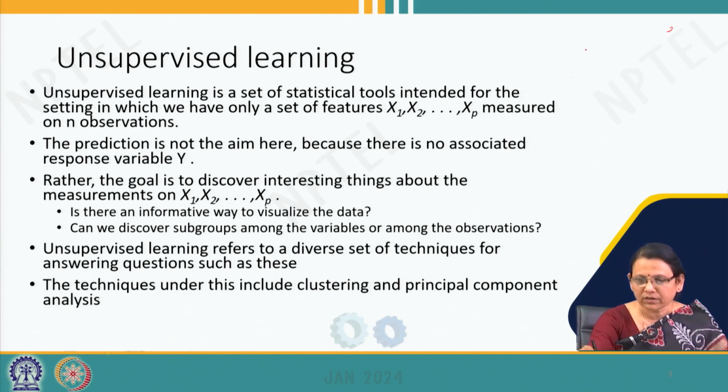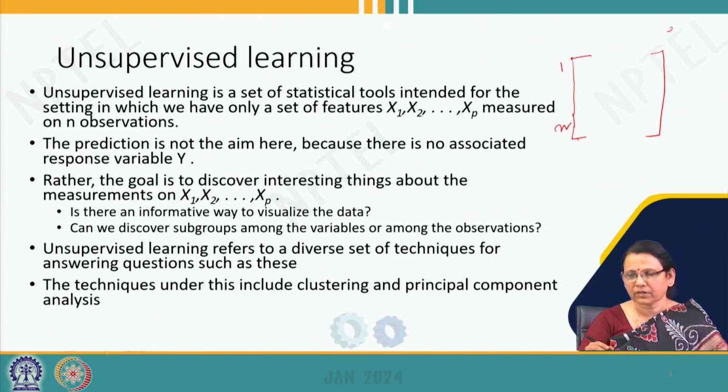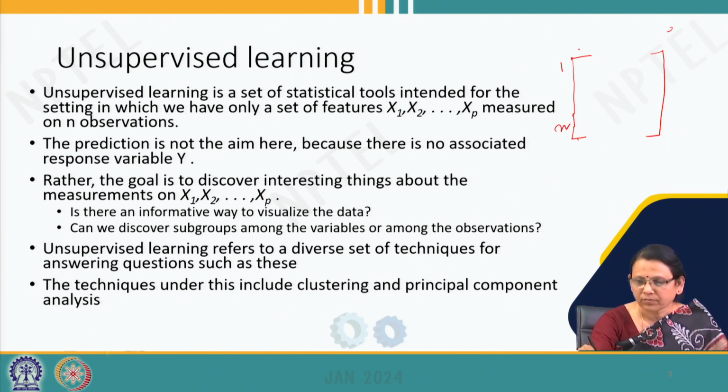So the data was a matrix, and we had n number of observations with attributes 1 to let us say p, and we had a response variable.